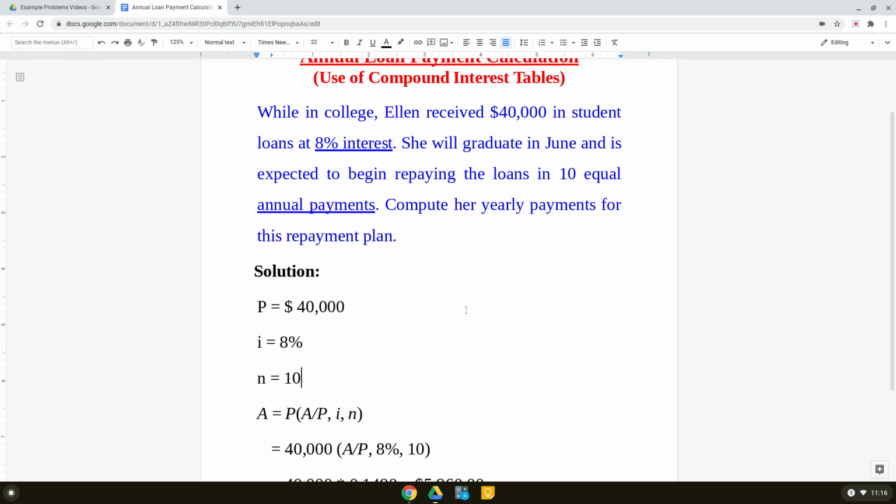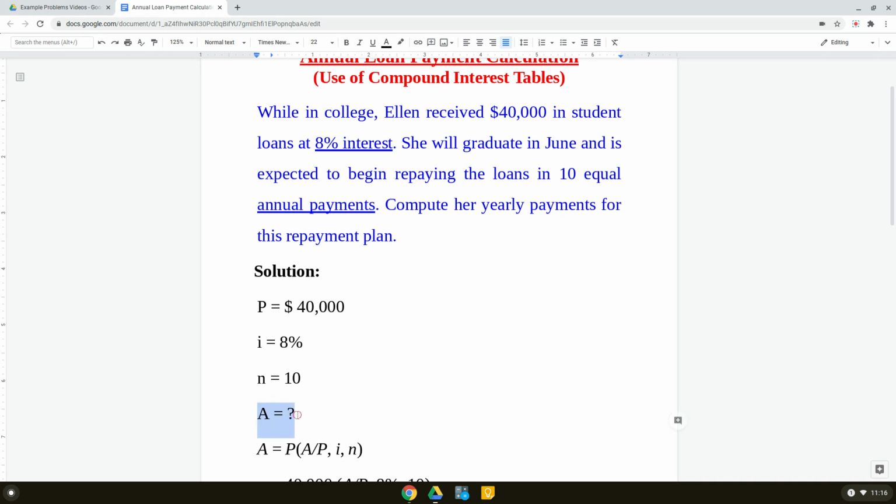Okay, so that information is given. And we want to calculate A, and A basically represents the annual payment, or sometimes it is also called equivalent uniform annual payments, because the amount will be the same every year.